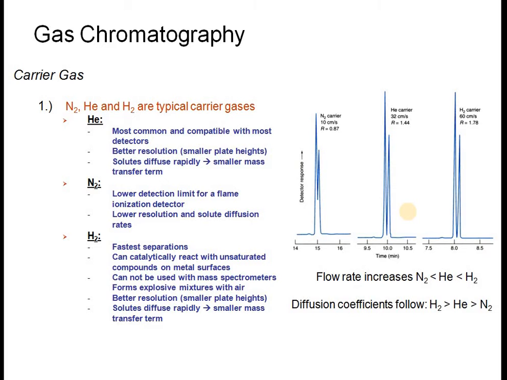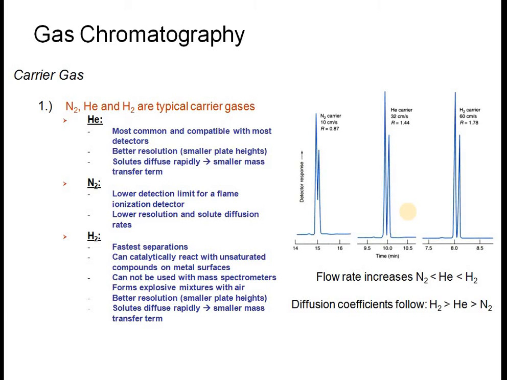And hydrogen gives the fastest separation, but can catalytically react with unsaturated compounds on metal surfaces, cannot be used with mass spectrometers, and forms explosive mixtures with air. Better resolution: solutes diffuse rapidly, smaller mass transfer term.